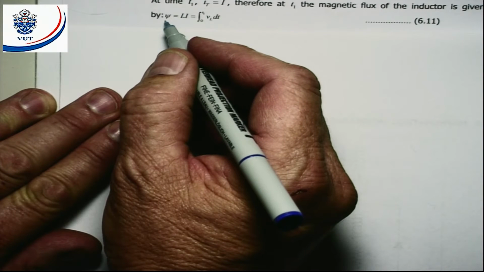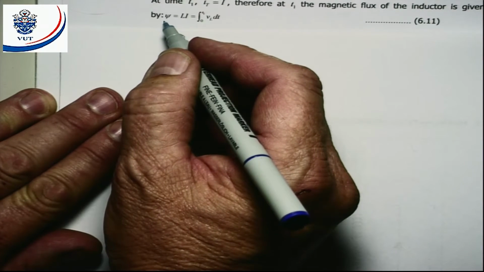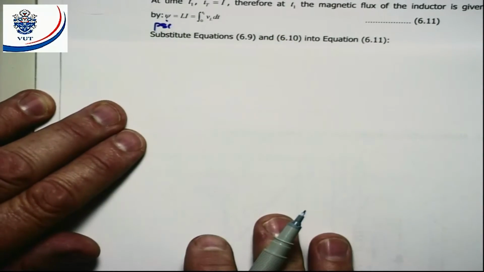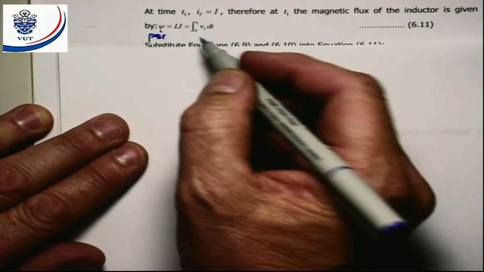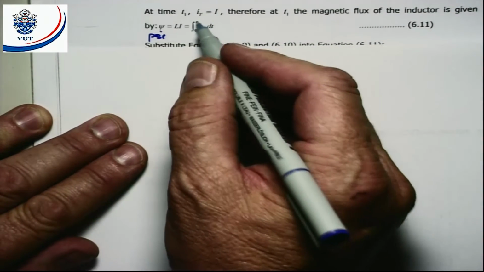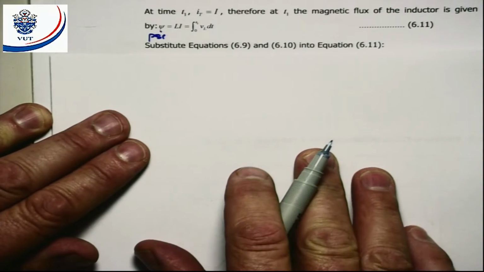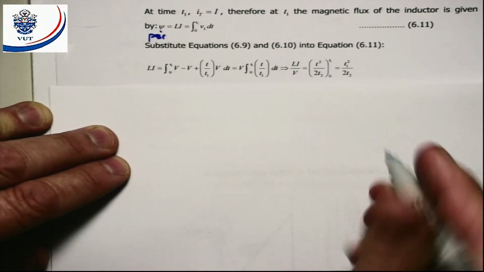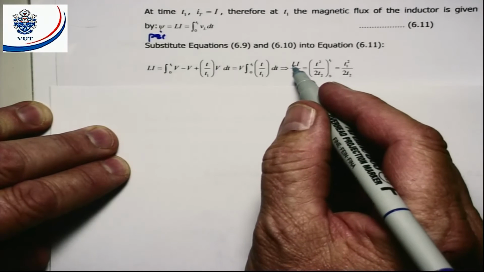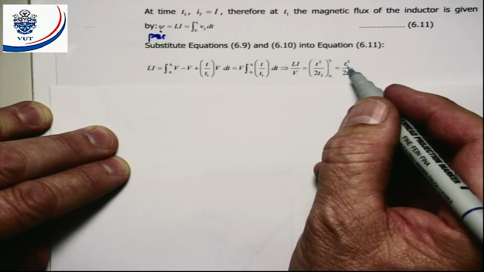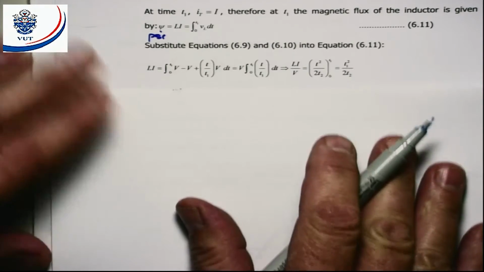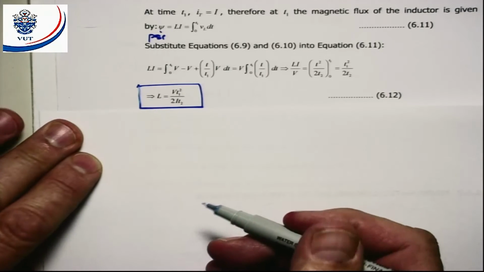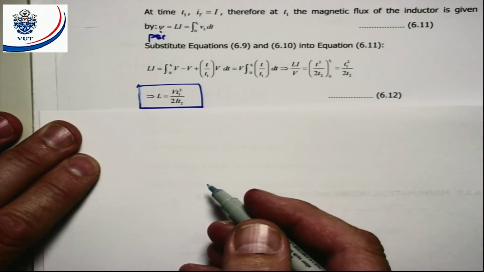Phi, psi. Psi is equal to Li, which is equal to the integral between 0 and T1 of VL dt. If we substitute equations 6.9 and 6.10 into equation 6.11, we can determine that Li over V is equal to T1 squared over 2T2. And that gives us an equation for the inductor, and that is L is equal to VT1 squared over 2IT2.